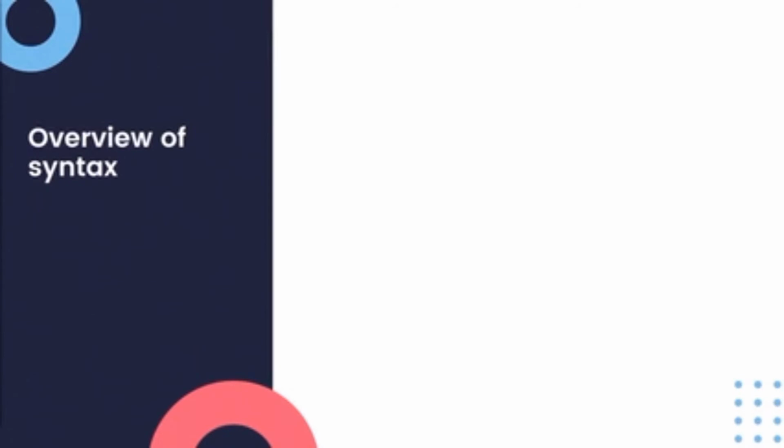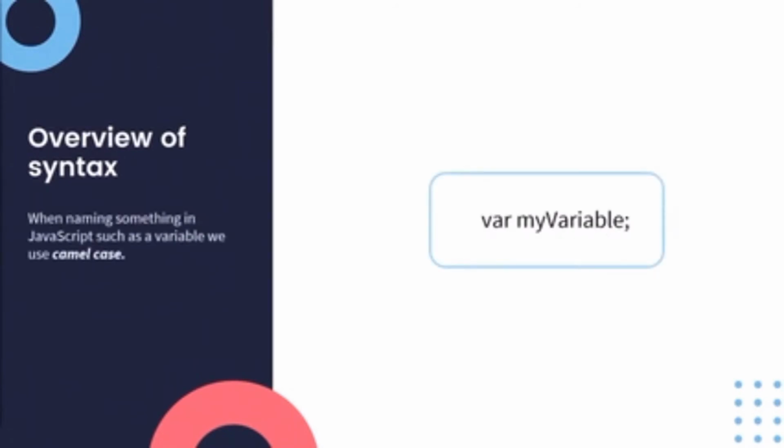Excellent. Now, one last point when it comes to the overview of the syntax in JavaScript, we always follow camel case naming conventions. Well, not always, but this is best practice for JavaScript developers or just web developers overall. And camel case is essentially what we have here in this one line of code where we say var myVariable. Now, you don't have to know all the background details because we will be working with variables in future. But essentially what we are doing here is we are creating a variable called myVariable.